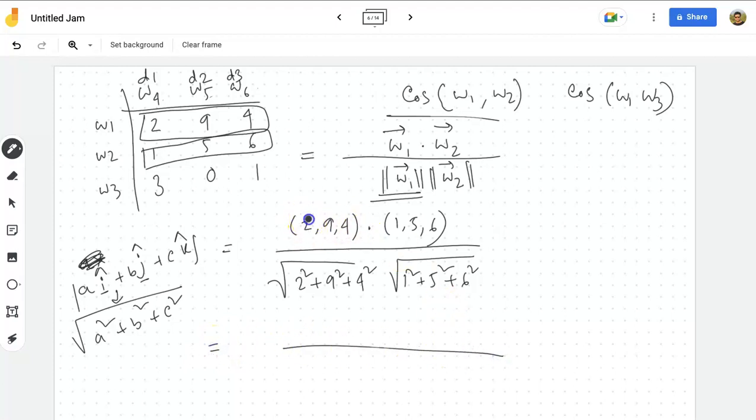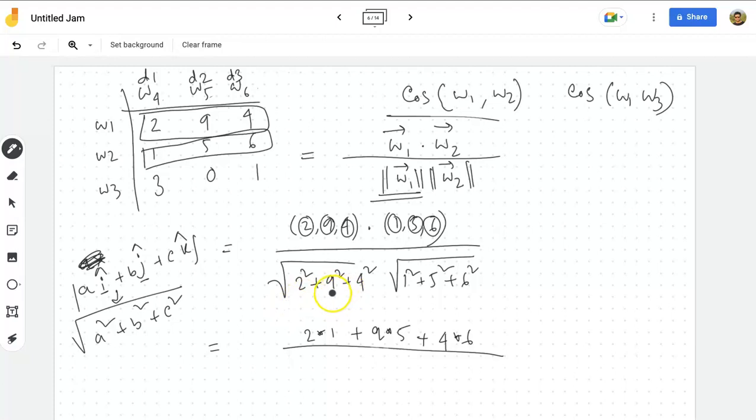So this 2 will multiply with 1, plus this 9 will multiply with 5, plus this 4 will multiply with 6. We need to multiply each element with the corresponding counterpart of the other vector. So it will be 4 into 6. Now we can calculate the value.